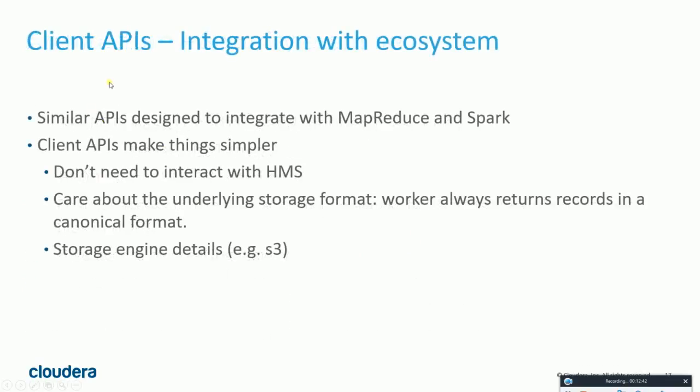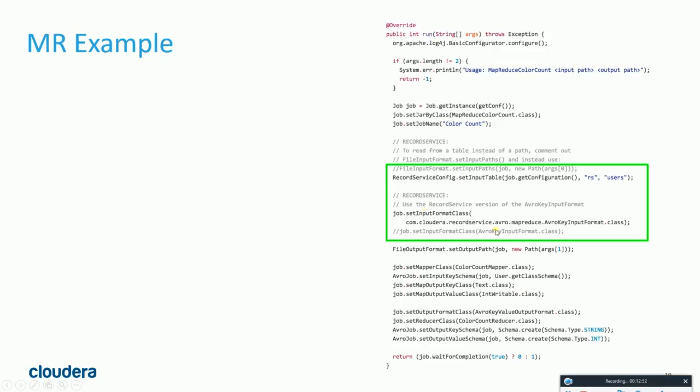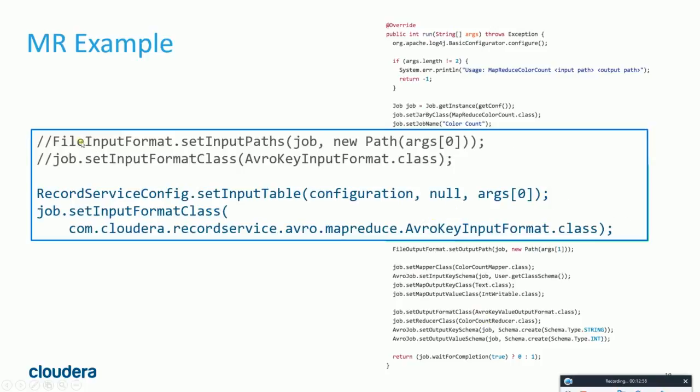Next is the API integration. Here's the text, Avro, and Spark formats. Here's an example of a MapReduce job, and here we see how simple it is to use record service now in a compute framework, whether a MapReduce job, Spark job, or Pig job.